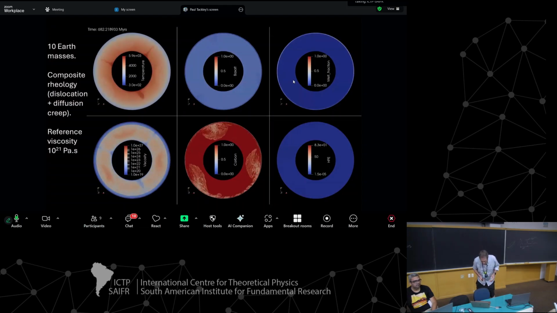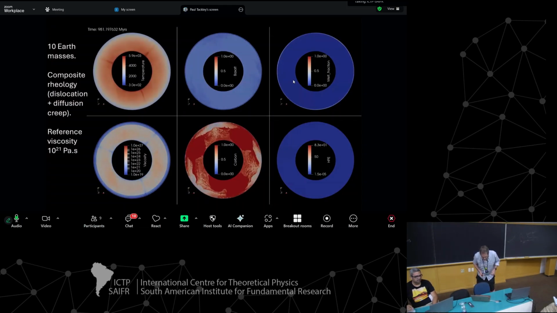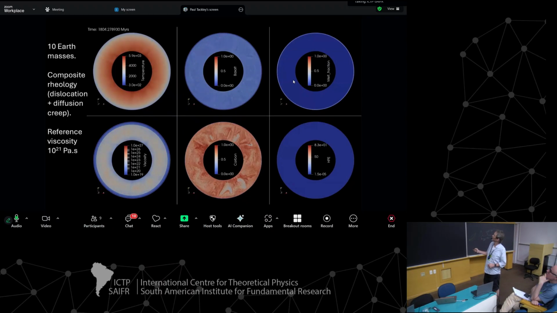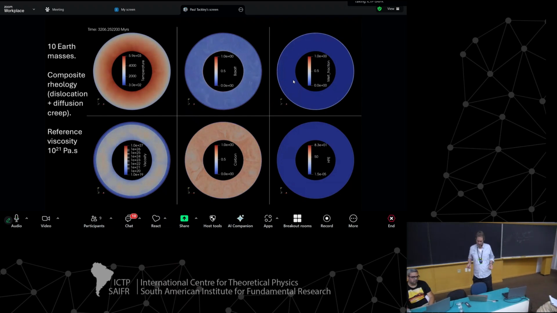And here's a model with composite rheology, 10 Earth masses, including magmatism. And what we see is that the whole thing is convecting. This is actually a passive tracer that can outgas when you erupt. So here's basalt.